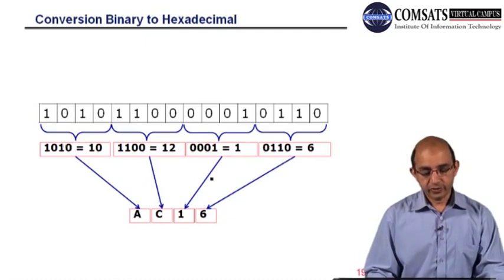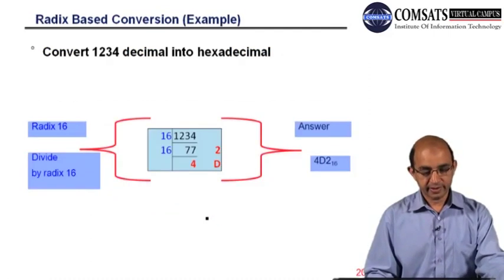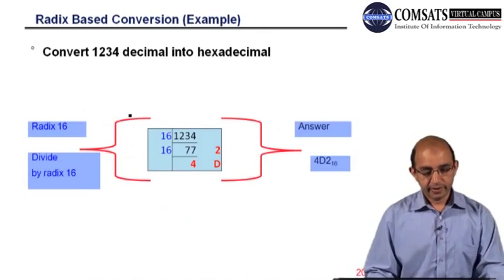We cannot write it like this, 10, 12. So for 10 we have A, for 12 we have C, and for 1 we will straight away write the 1, and for 6 we will straight away write the 6. Here convert this decimal into hexadecimal. So 16, divide by 16.